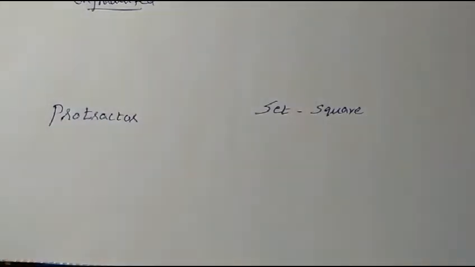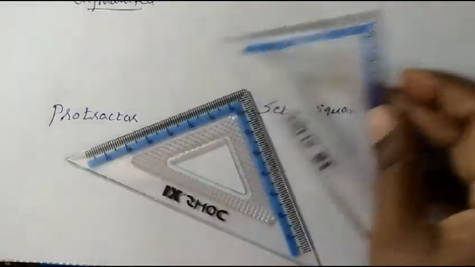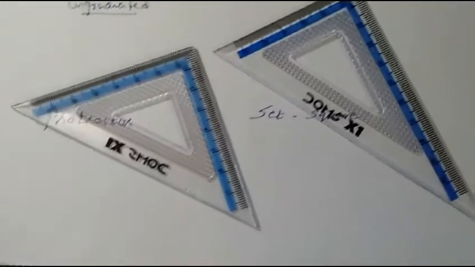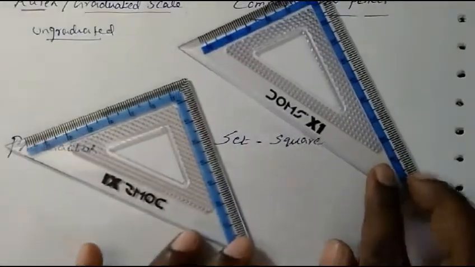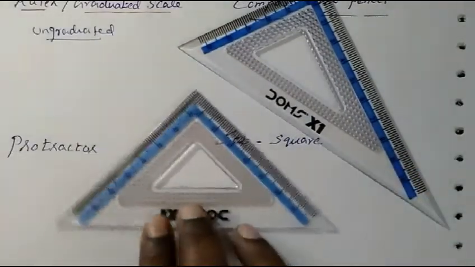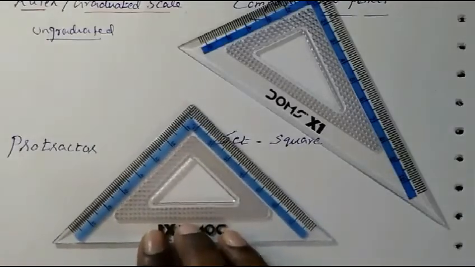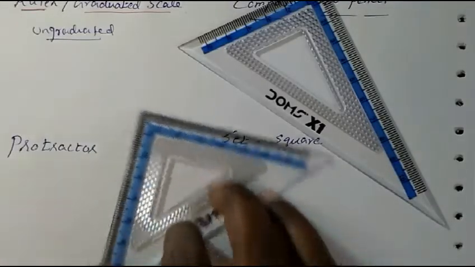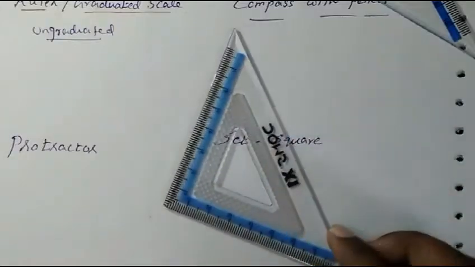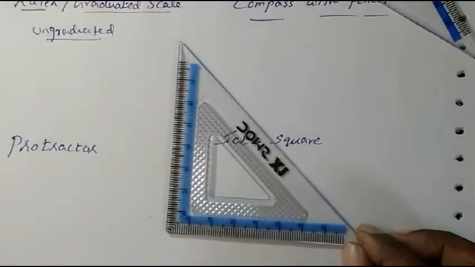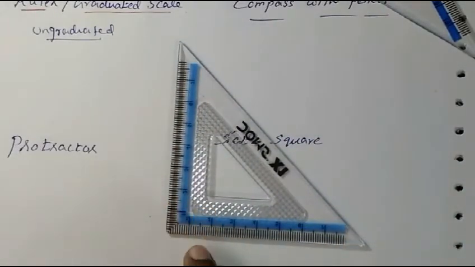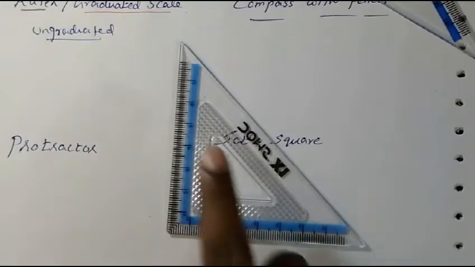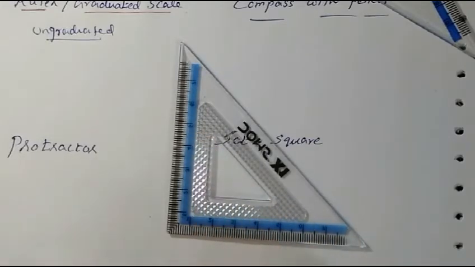Then you have set squares. Two types you have, that's why it's a pair of set squares. One has one angle at 90 degrees, and the remaining two angles are 45 and 45.